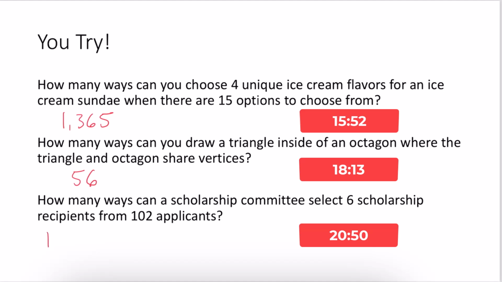It's 1,548,665 ways that you could assign these scholarship recipients. So if you got those same numbers, you're welcome to stop this video here. Or if you didn't get the same numbers as me on any of those, you can skip forward to the timestamps shown on the screen to see how I would solve those.